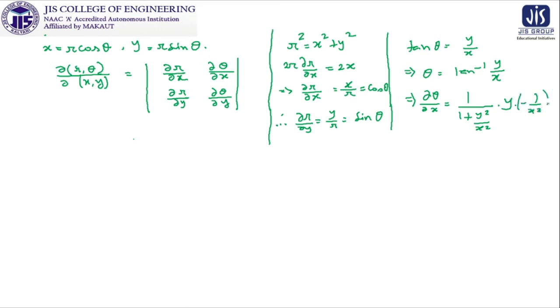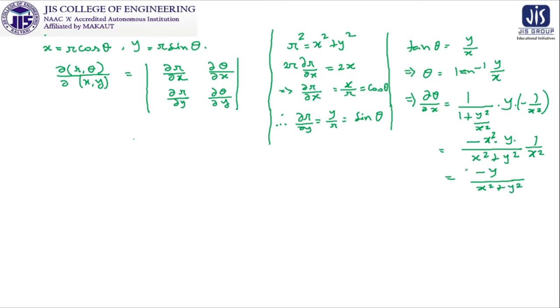Okay, so simplifying, what we get, x square plus y square, this x square will be coming in the upper part, there will be one y, there will be 1 by x square and there is a minus sign. This x square and this x square will be cancelled out. It will be minus y by x square plus y square. Clear?